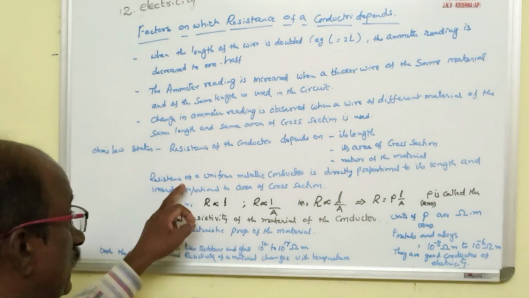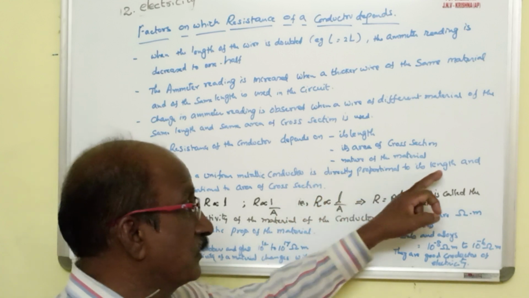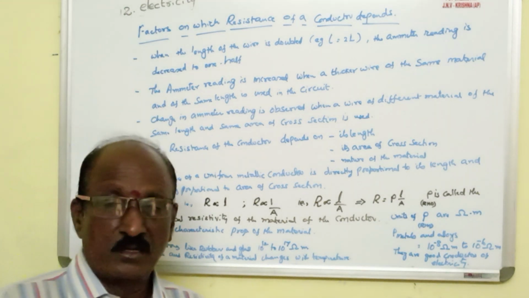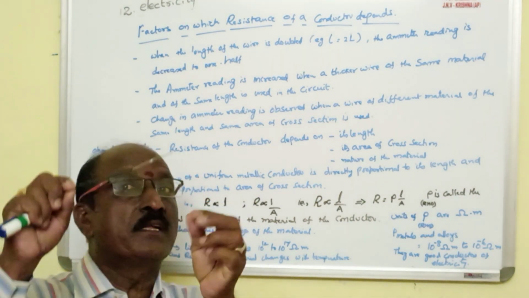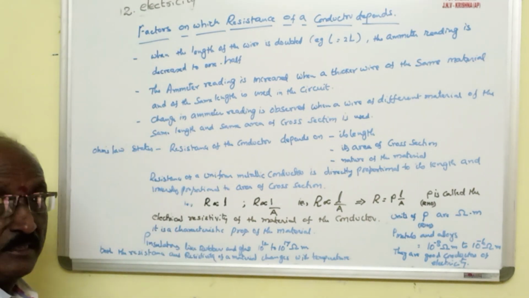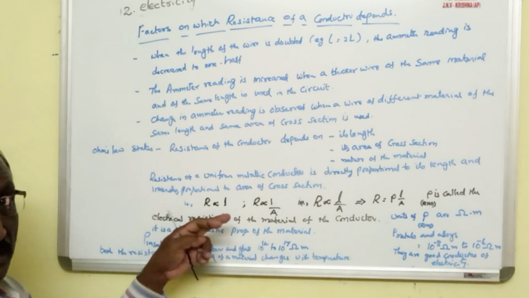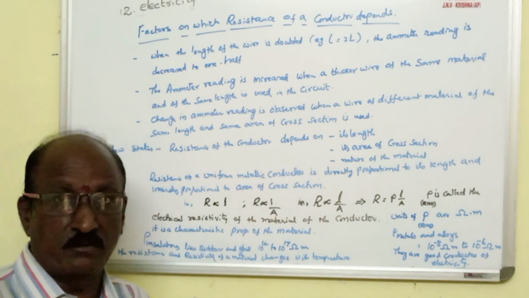The resistance of a uniform metallic conductor is directly proportional to its length and inversely proportional to its area of cross section. As equations, R is proportional to its length and R is inversely proportional to its area of cross section.